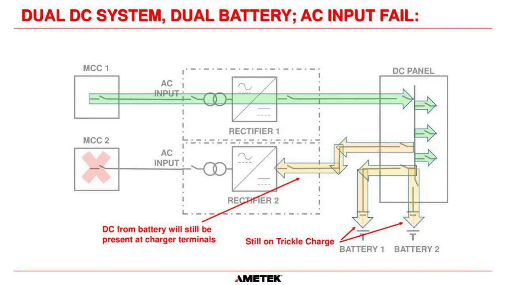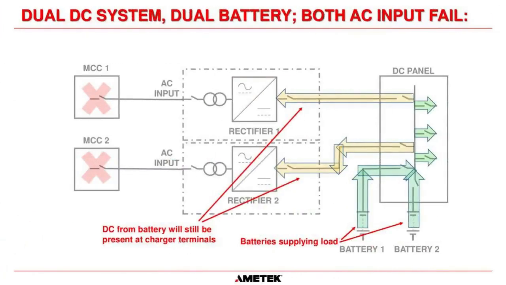And then if the other charger fails, or both MCCs, we've had a complete power outage in the plant, then both rectifier chargers are not going to be supplying power anymore. All of the current for your load circuits is going to be fed from battery 1 and battery 2. And they're going to basically share the load and feed the load circuits for whatever the designed criteria of the batteries are.